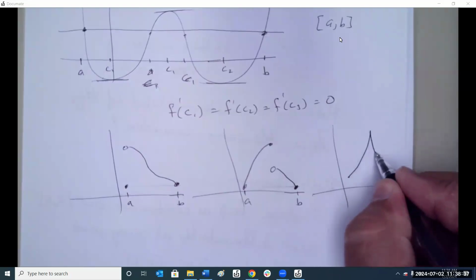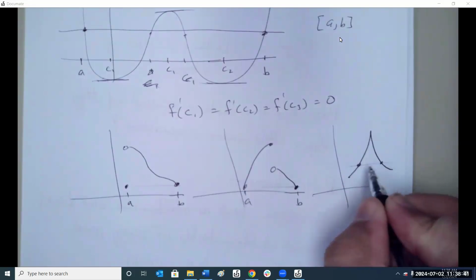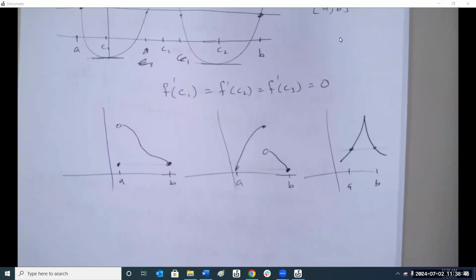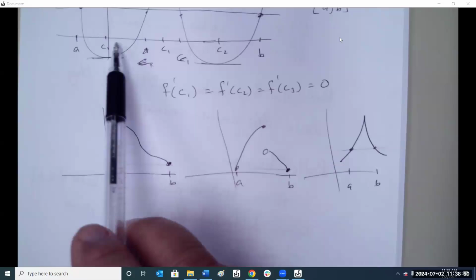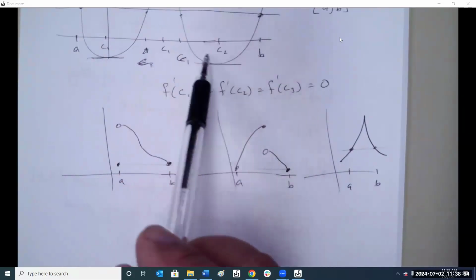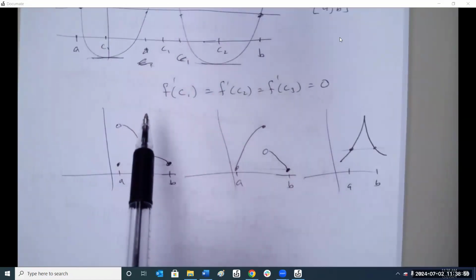That's why it's important to have the conditions met. It has to be continuous between A and B. It has to be differentiable at every point within the interior of AB.